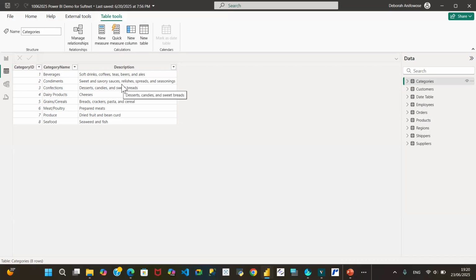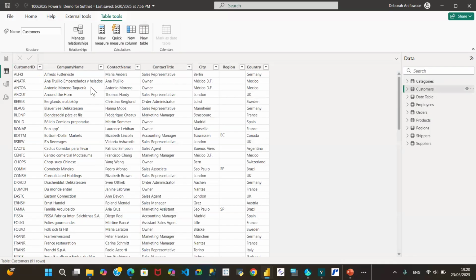It's the same thing. The same goes for customers. The customers table is giving me information on our customers. So if I just need to look up information about a certain customer, and I have maybe the name of that customer or the ID, okay, this is the lookup table for the customers.